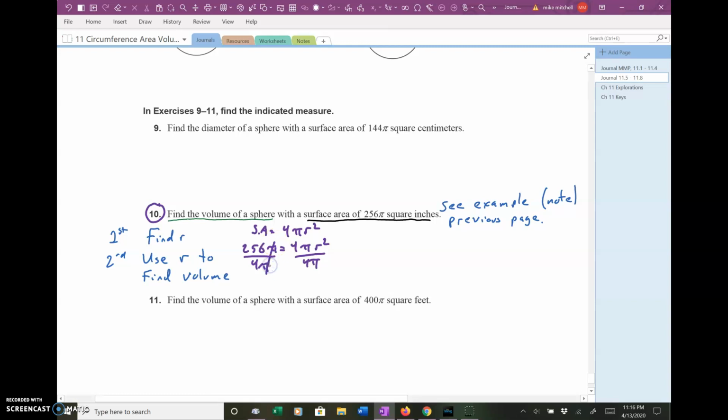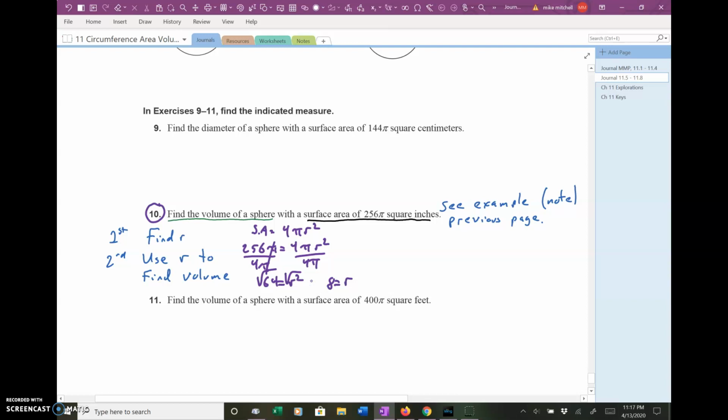Pi's cancel out. 256 over 4, 64, I believe that's, we got 64 equals r squared. Square root, positive or negative 8 can equal r, but we can't have a negative radius, so it's just going to be a positive 8 that we end up using there.